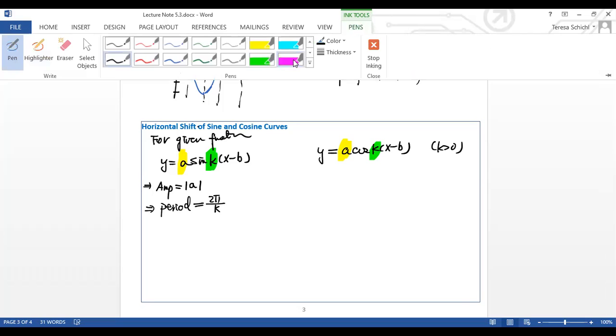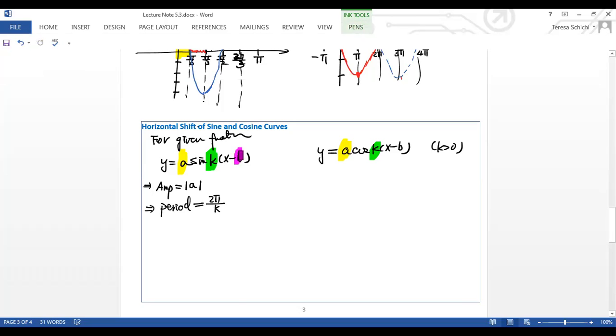And then the last one here is minus b, as we talked about in the previous transformation. So minus b, what does that mean? That means shift to the right b units. If you have x plus b, that means you shift to the left b units, right?